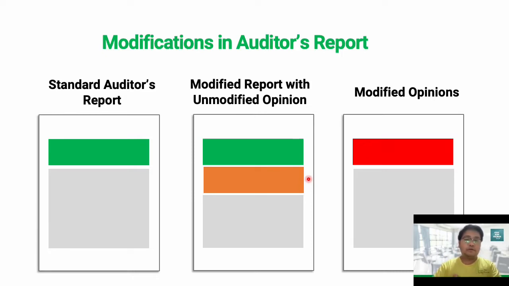Those are additional explanatory paragraphs we include in our auditor's report, and yet we still issue an unmodified or unqualified opinion. So the financial statements are still fairly stated, but we want to highlight additional information to the users of financial statements. And then finally, the last one, we have the modified opinion, when we issue qualified, adverse, or when we disclaim our opinion. That is considered modified opinion.